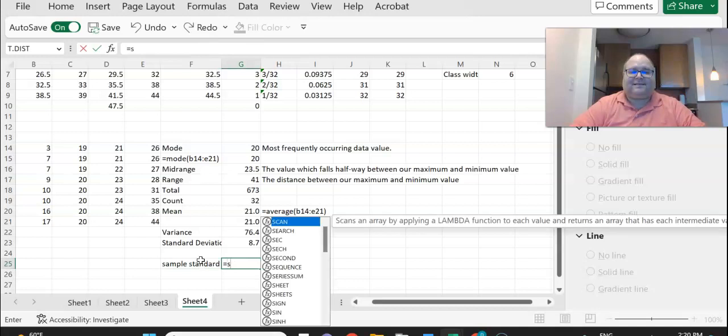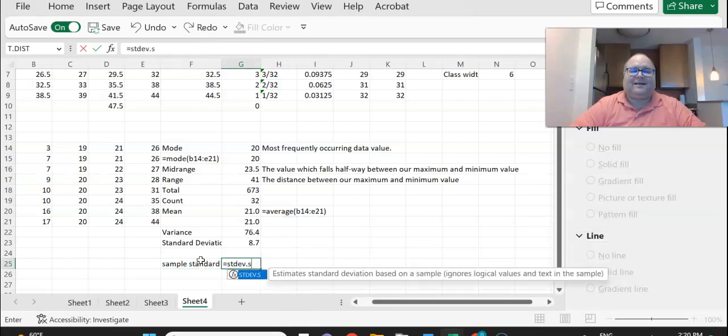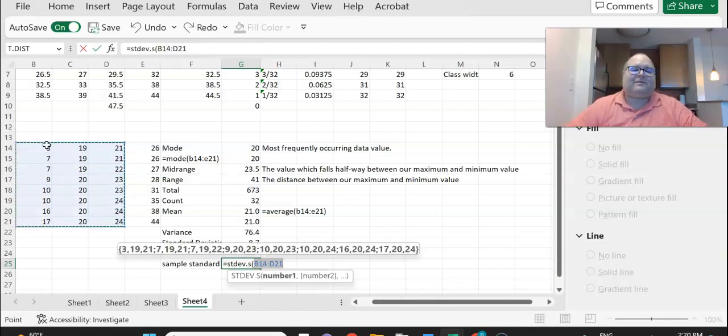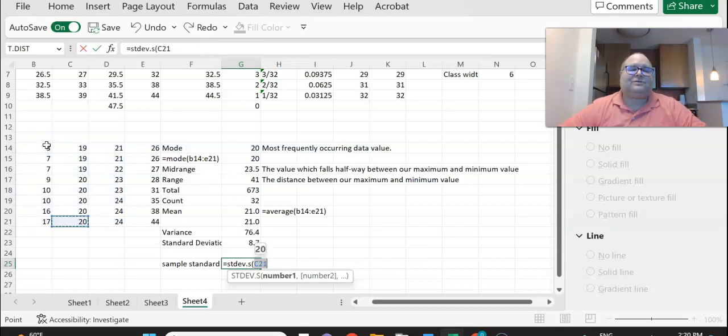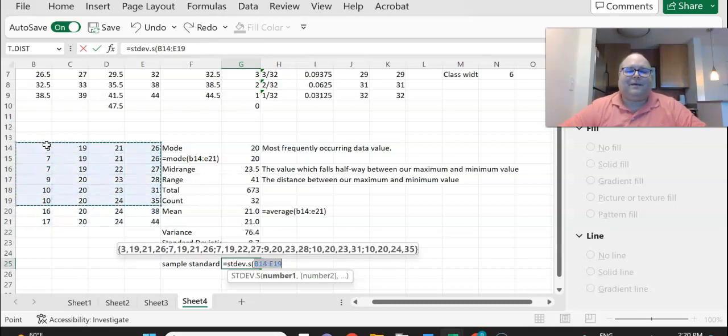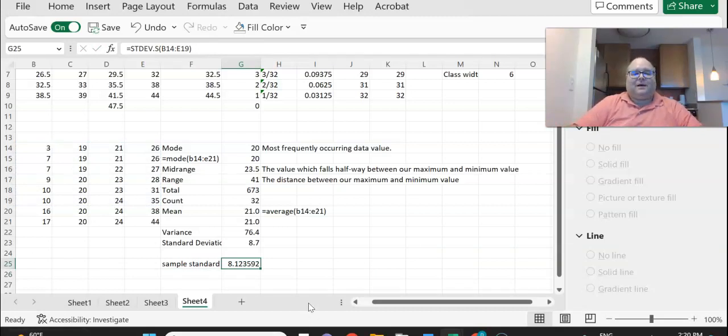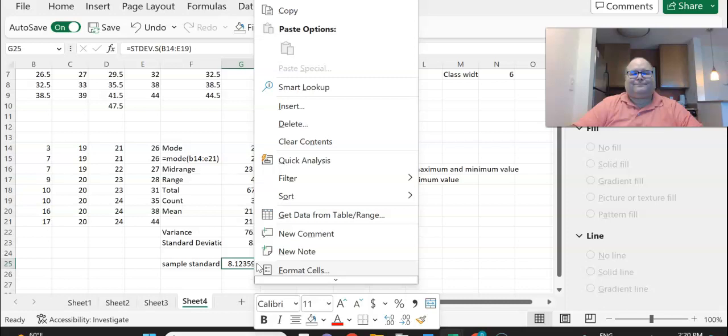using equals STDEV.S of, let's go with the left 3 columns of our data. Let's use a slightly more representative sample. We're going to use the top 6 rows of our data, and it gives us a sample standard deviation of 8.1.